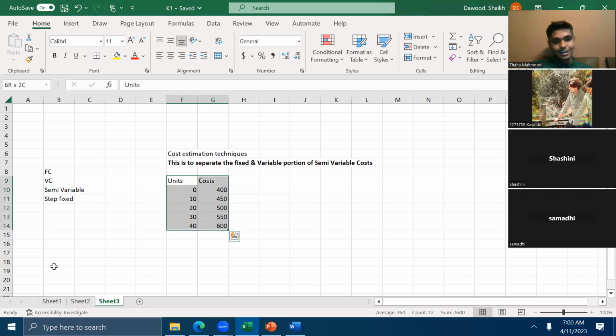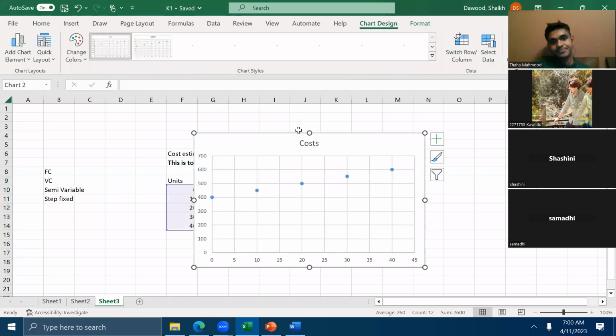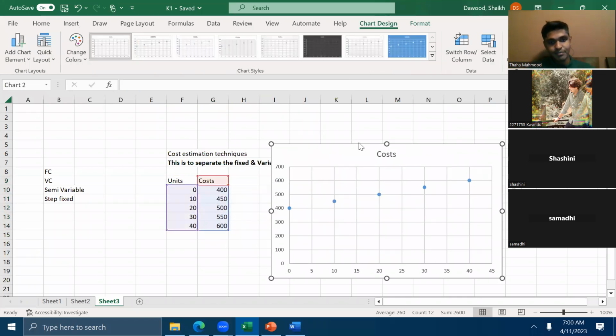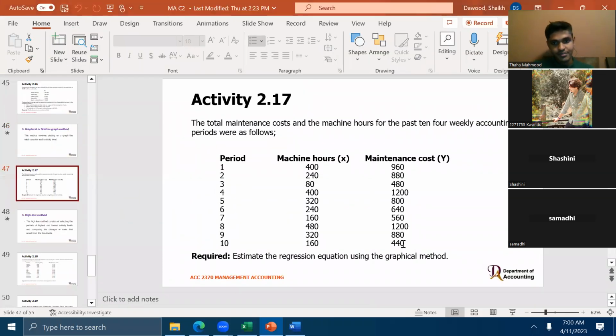We take the main information from the ledger account. After that they plot the scatter graph. If plotted on a scatter graph, it would look something like this. Let's take better information so it would be easier. Let's take this information with you.